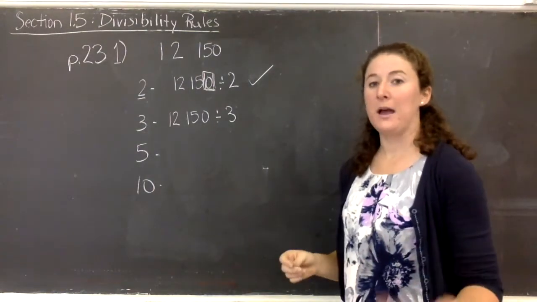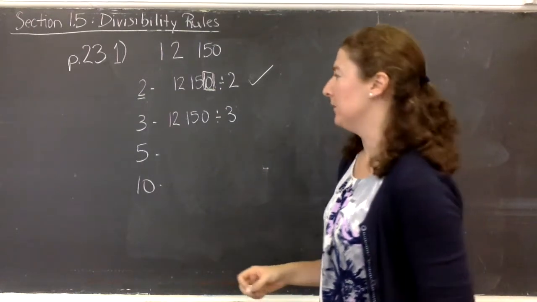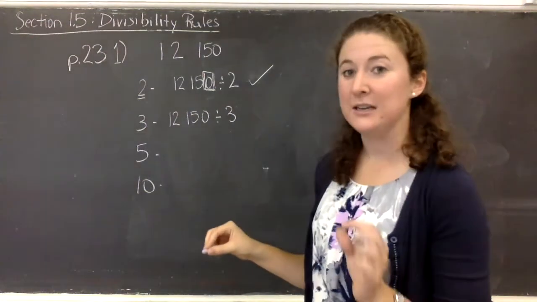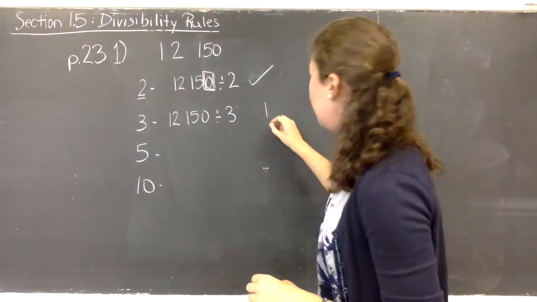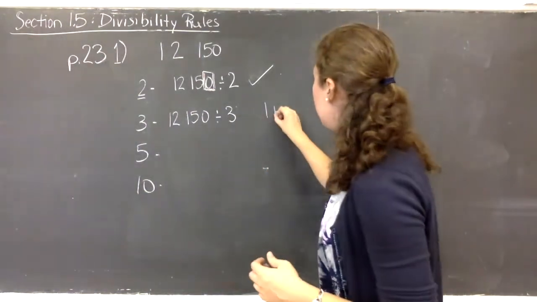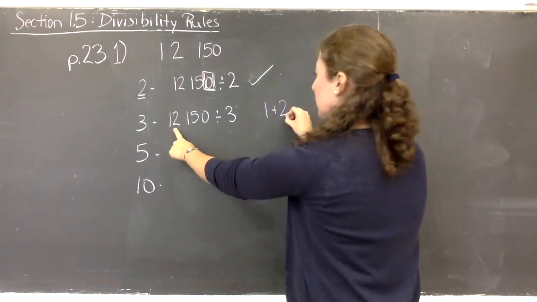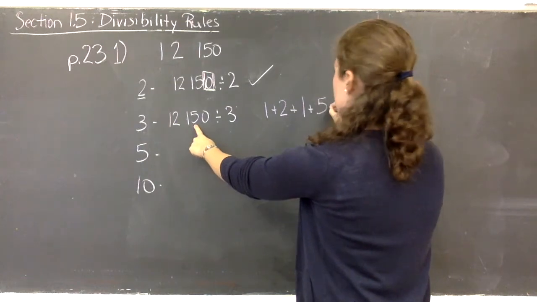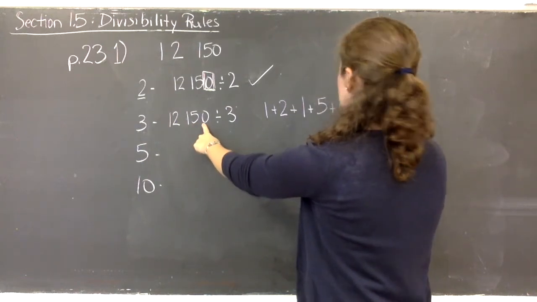For divisibility by 3, what did I have to do? I have to take each digit in the number, so 1, and add it together, plus 2, plus 1, plus 5, plus 0.